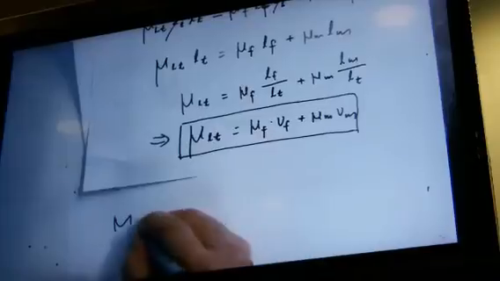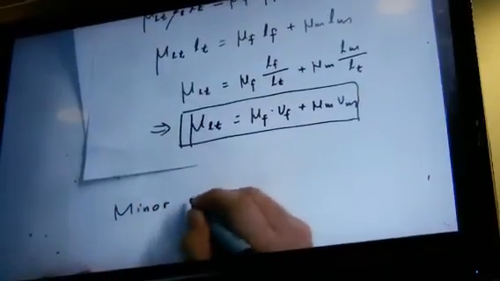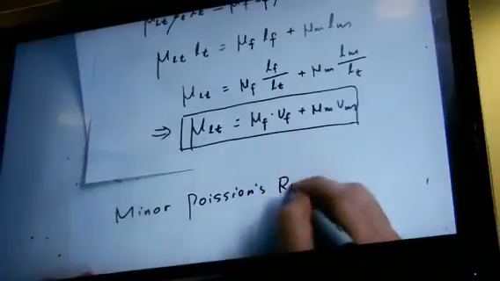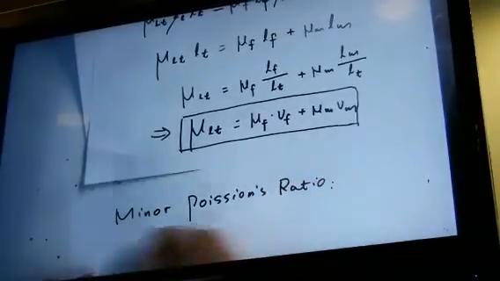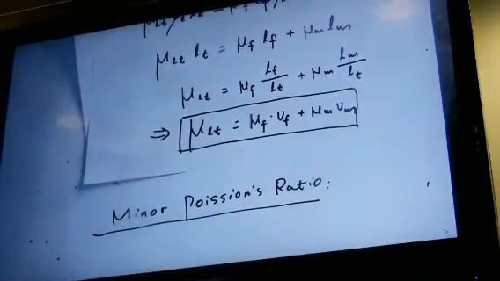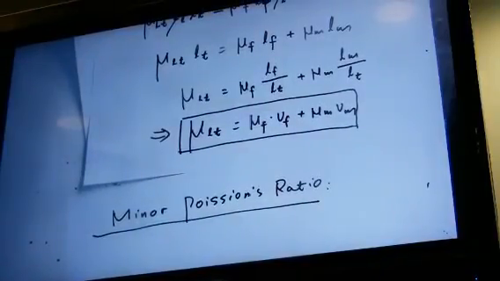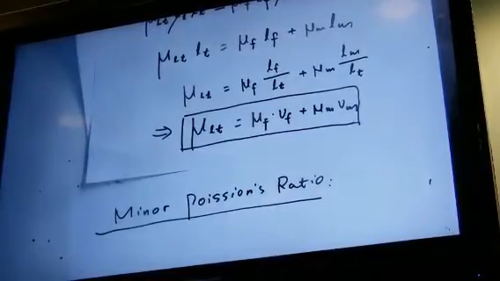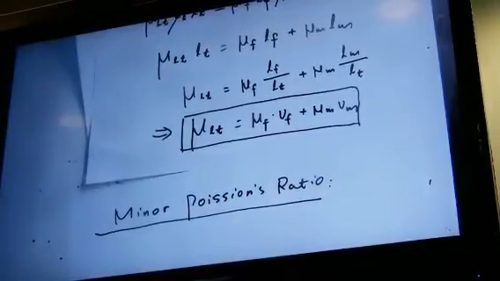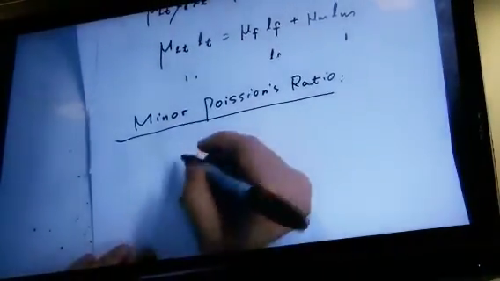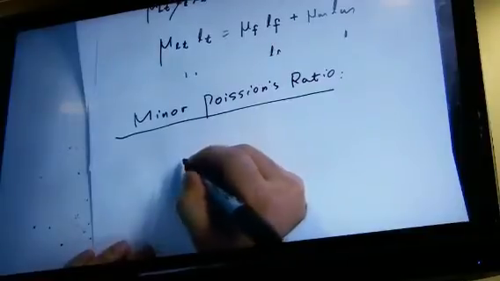So we have another quantity, minor Poisson's ratio. Major Poisson's ratio is the reduction of this direction divided by the elongation of this direction. Minor Poisson's ratio is the reduction of this direction divided by the elongation of this direction. They are different. I'm not going to derive it. You can just use that formula, follow the same procedure and derive it.